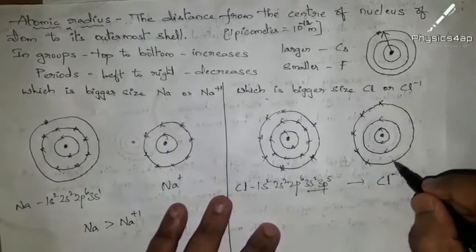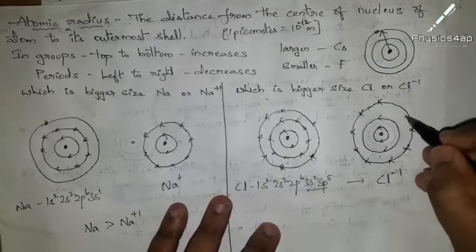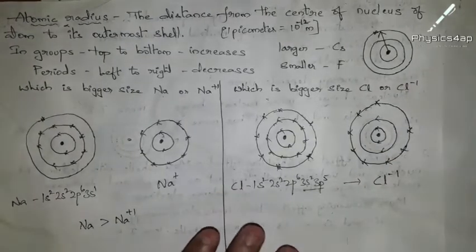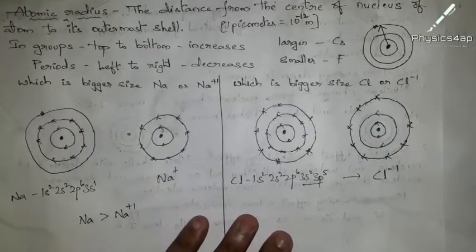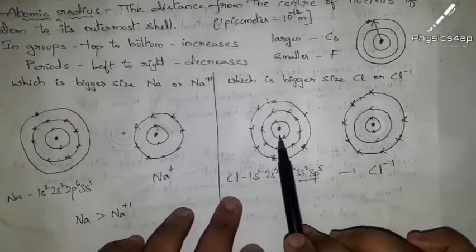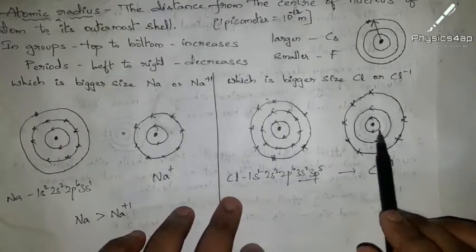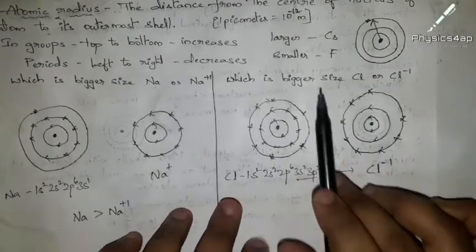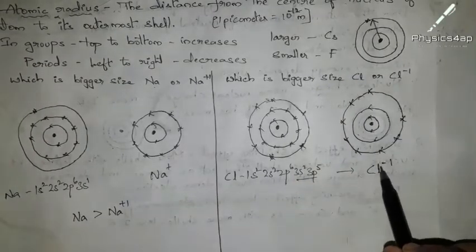So 8 electrons have come now. When you compare the size to chlorine, Cl-1 is bigger in size. Why do we say Cl-1 is bigger when compared to chlorine?